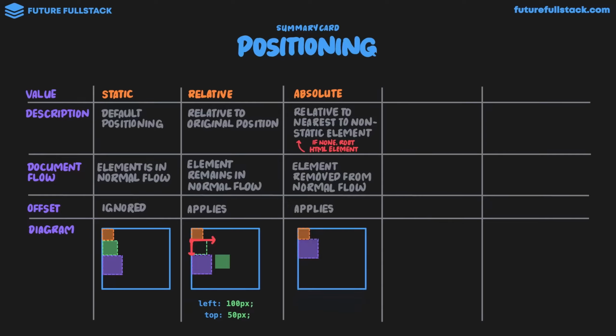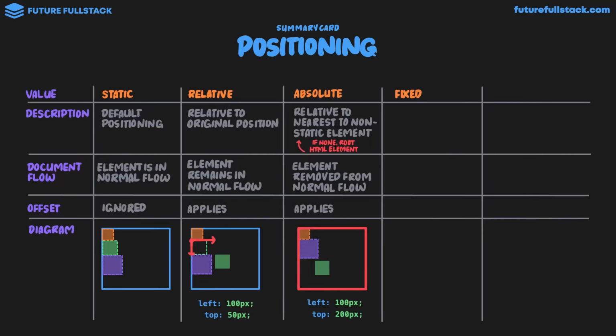In diagram form, our green element is absolutely positioned, so its slot is removed, and the reference point is the closest non-static parent, where instead of an actual point, we think of the parent's edges. So applying offset of left 100 pixels and top 200 pixels will move our element 100 pixels away from the left edge and 200 pixels away from the top edge.